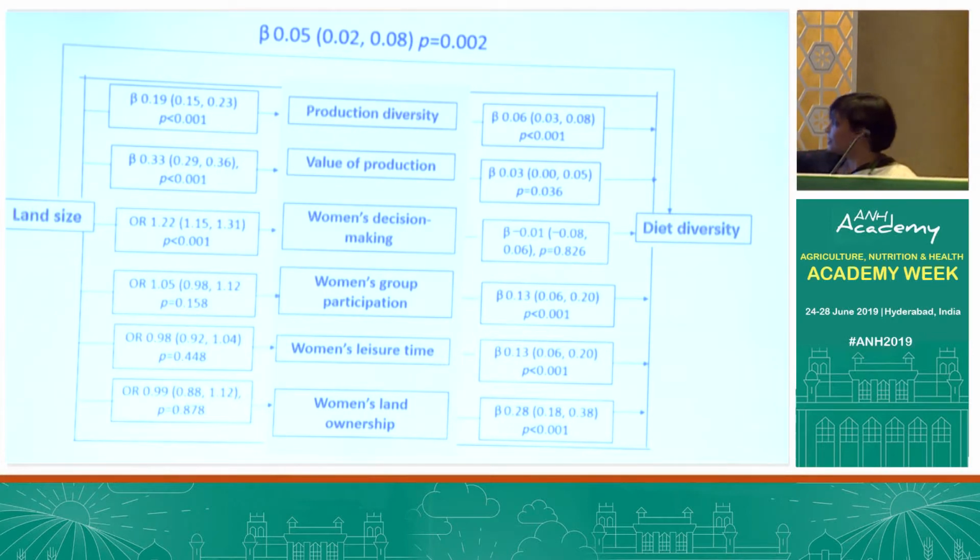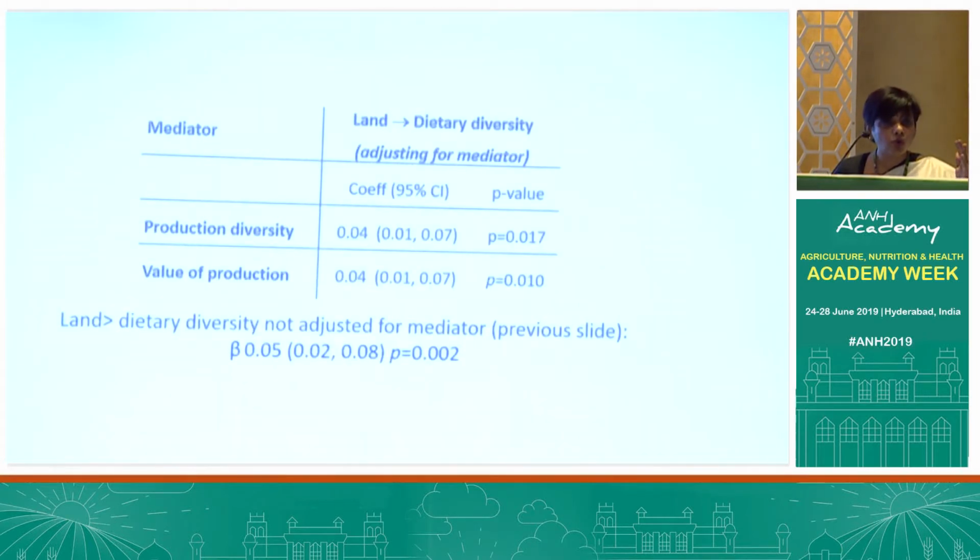the women's empowerment indicators that actually are associated with dietary diversity are different. So it seems like there is not that much mediation going on at this point. Potentially the agriculture variables might be the mediators here. What happens when we go through those 3 steps of mediation principles?